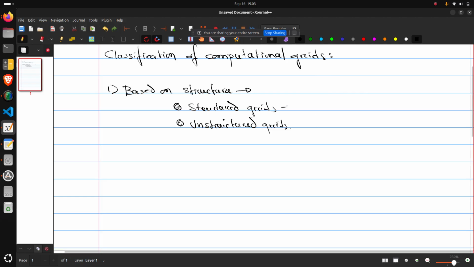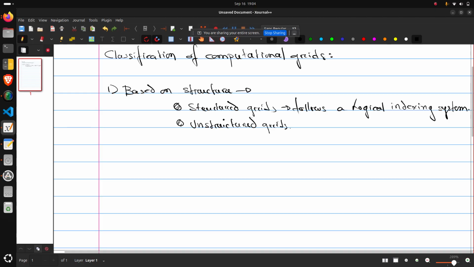So these are generally very robust in computation, because we do not need any extra computational or storage effort to store the grid points.